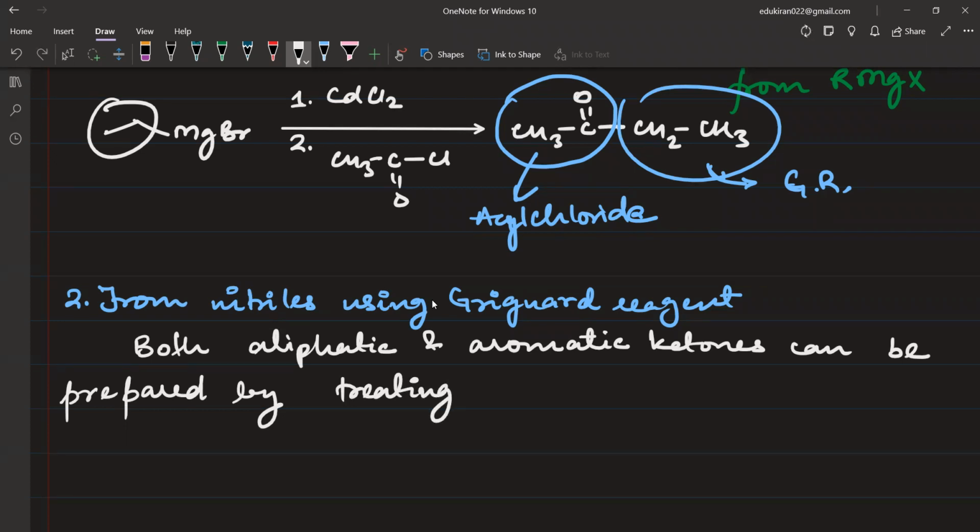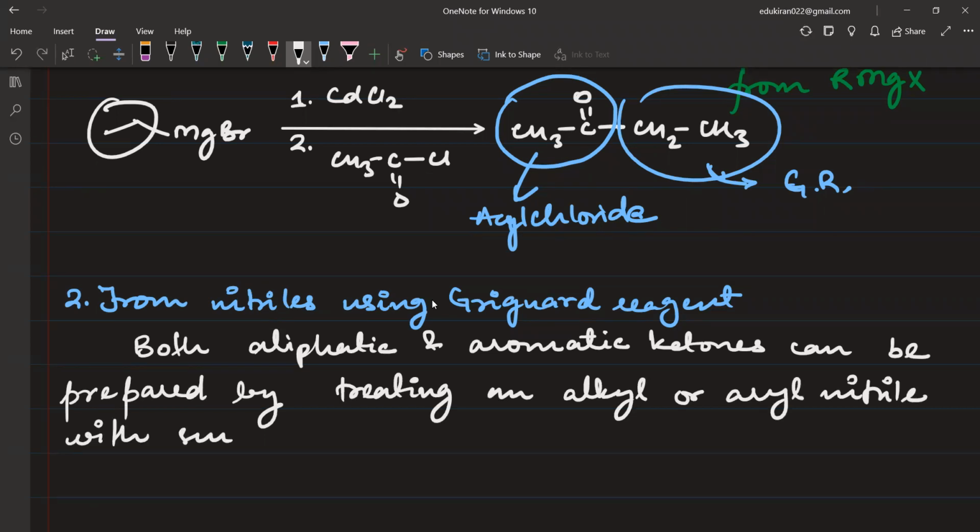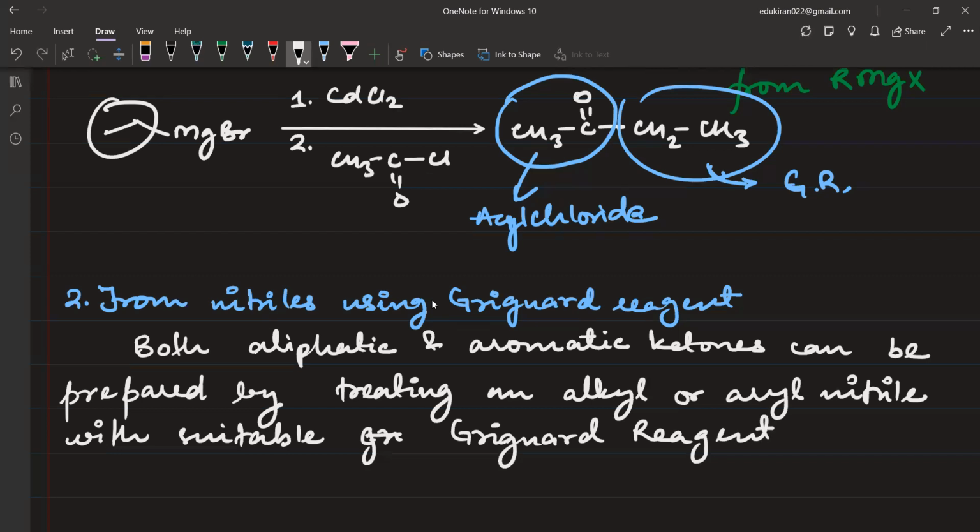treating an alkyl or aryl nitrile with a suitable Grignard reagent, followed by hydrolysis.